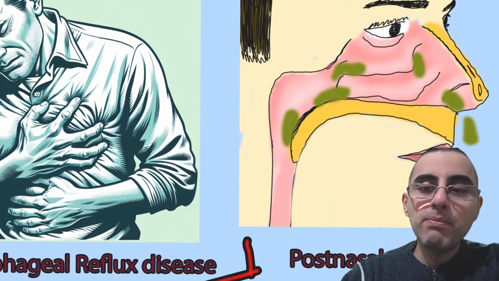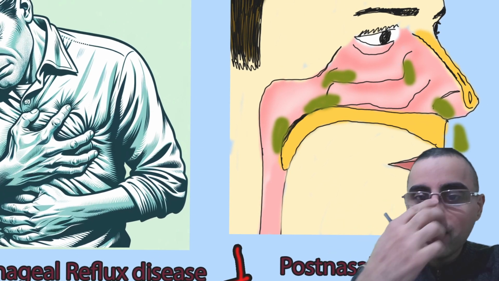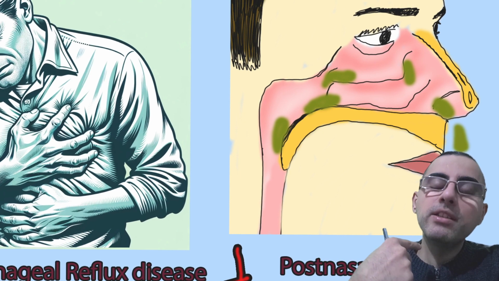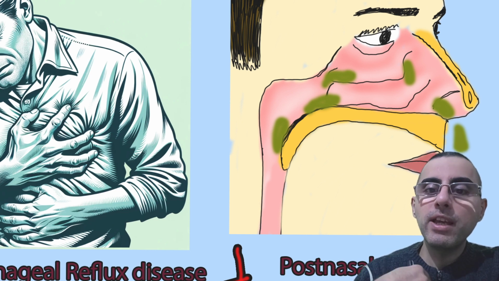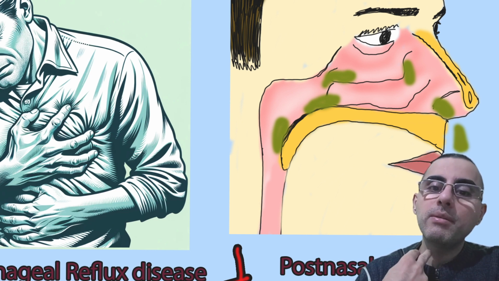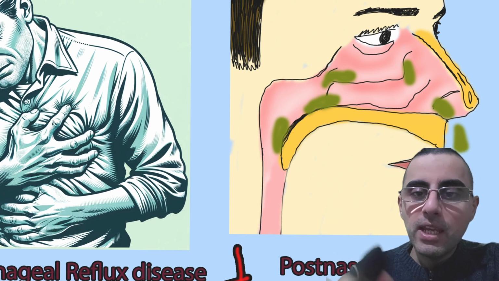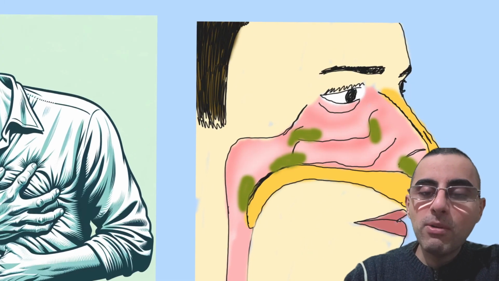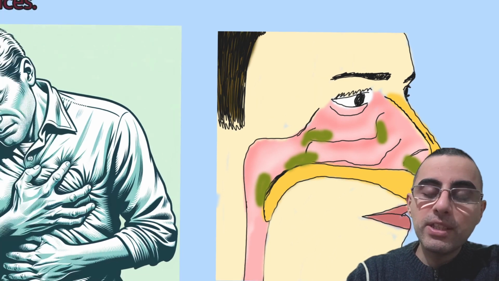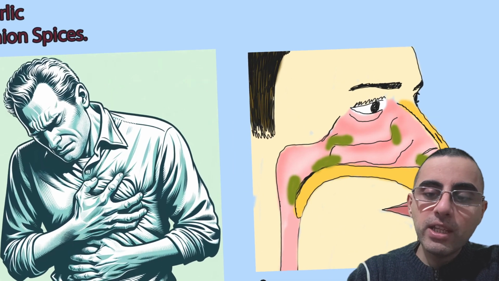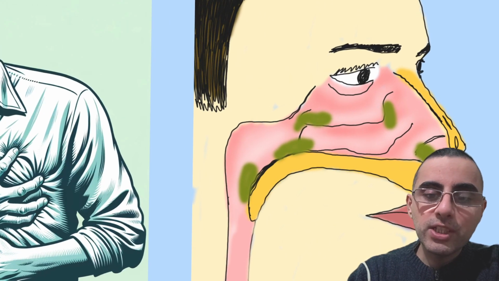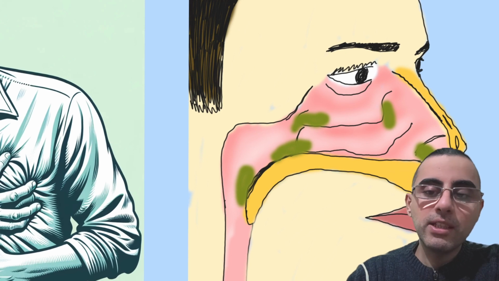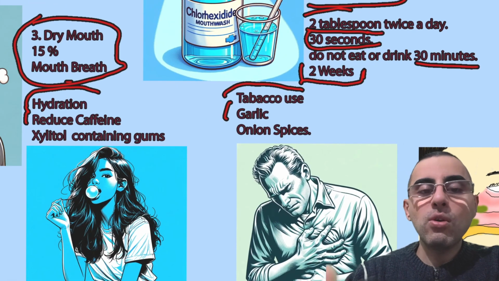It means that a person will say that he always has a feeling of mucus in the throat, and they always have a feeling that they need to clear their throat of mucus. This condition is commonly associated with sinusitis. So if a person has sinusitis, there is a higher chance that he or she can have postnasal drip and it causes bad breath. That's all I wanted to say.